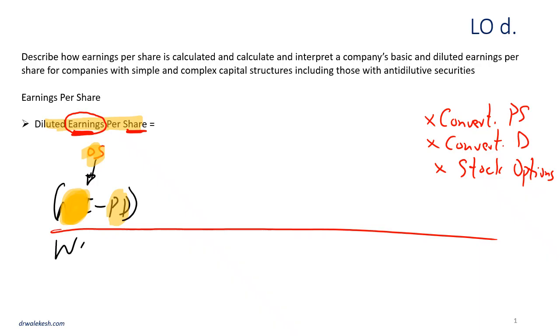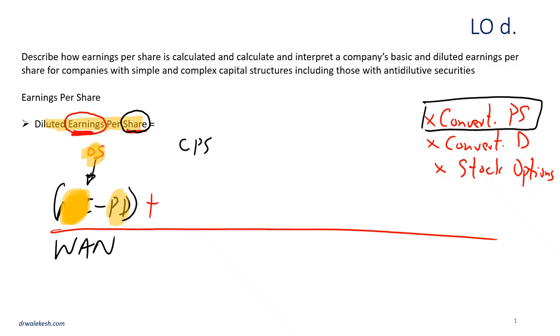Then here, we should have the weighted average number of outstanding ordinary shares. Remember that it is per shares. Still moving on to convertible preferred stock. So what is the income or earnings available to convertible preferred stock?